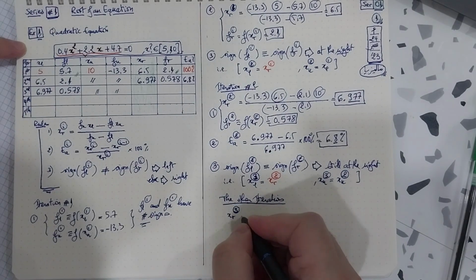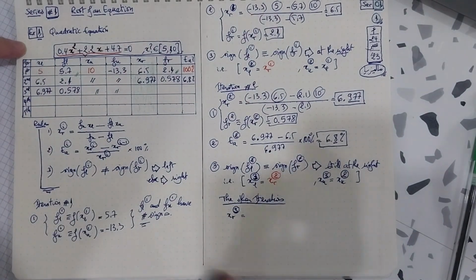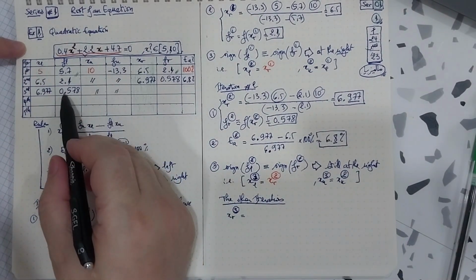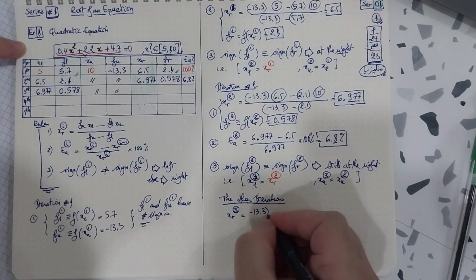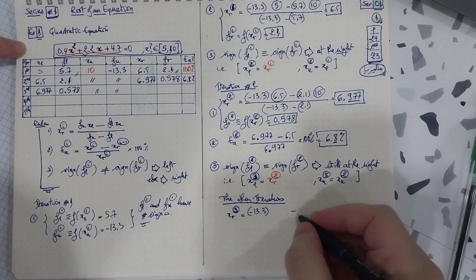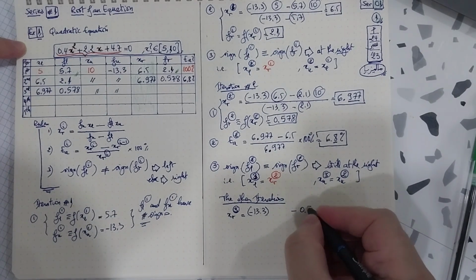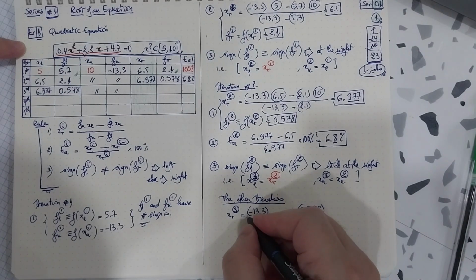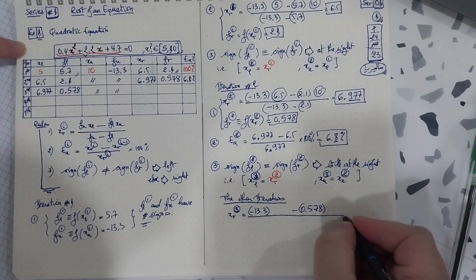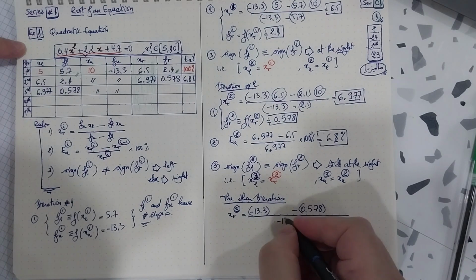So XR at the third iteration is FU, FL. FU is minus 13.3 minus 0.578 in the numerator and the denominator.